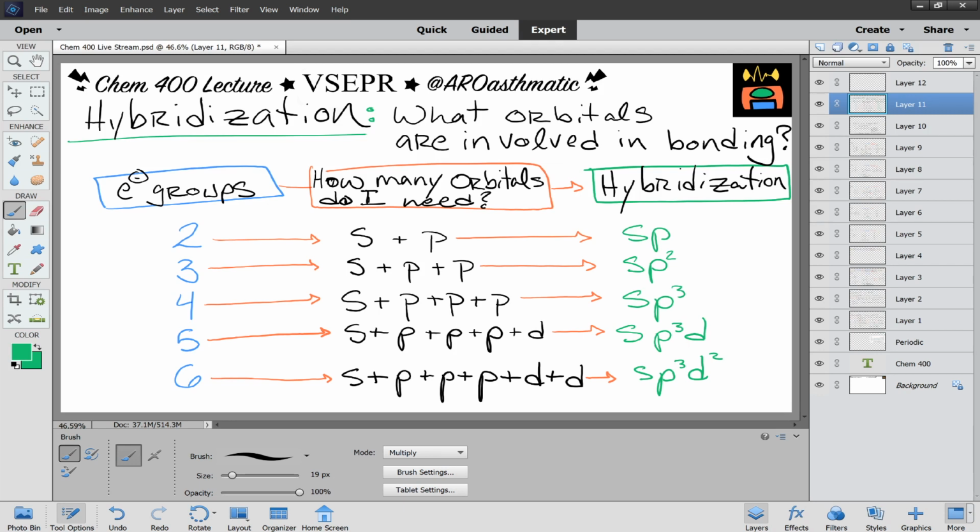Now, that being said, there are some rare instances of 7 things coordinated to one central atom. I feel like in grad school I saw one example of 9 things on the center. But when that happens, the groups attached are very small.